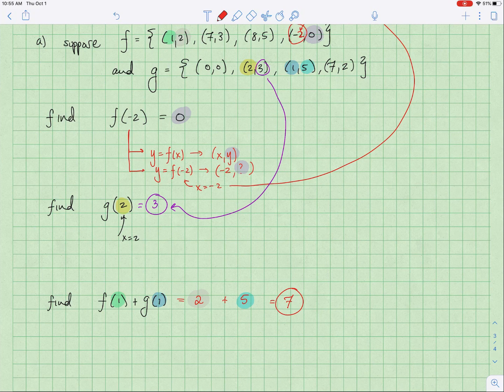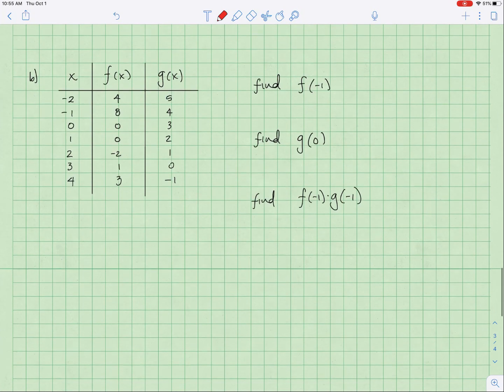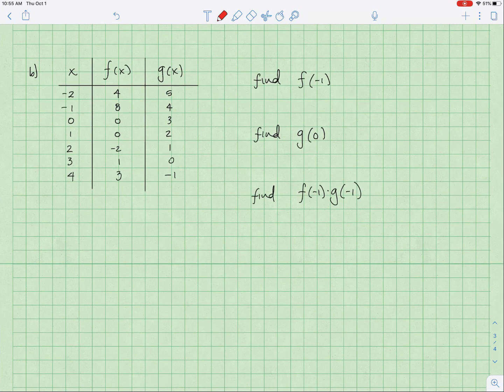Pretty straightforward. Okay. Now we got basically the same type of questions, but the information here is a little bit different. So let's talk about how we read this information. It's really the same information. It's really ordered pair notation. That is to say, you can think of this as being the ordered pair 4, 3 for f.